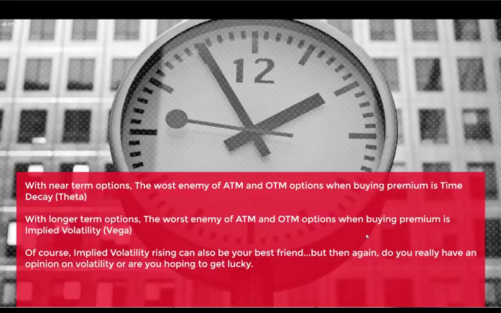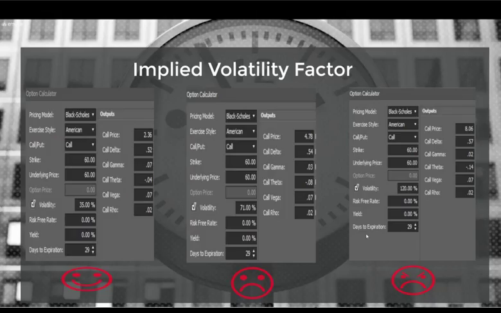Moving on to the next slide, the implied volatility factor. I know this is a little bit thrown at you, but we look at this again with Black-Scholes, just to keep it simple, all American-style exercise, and we look at the call price of all of them. The volatility effect on these: they're at 35% with a delta of 50, the same delta of 50.